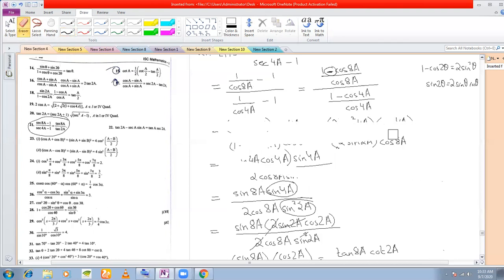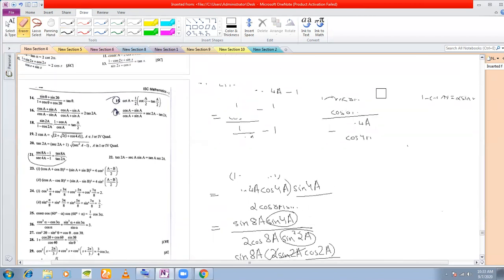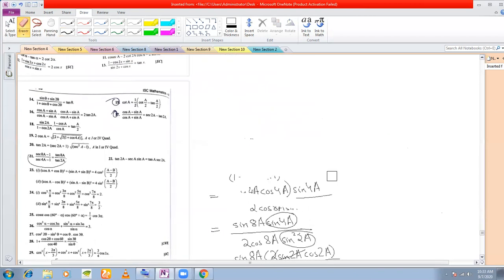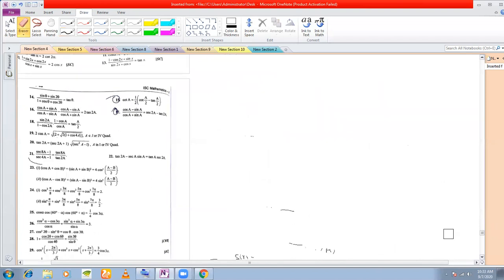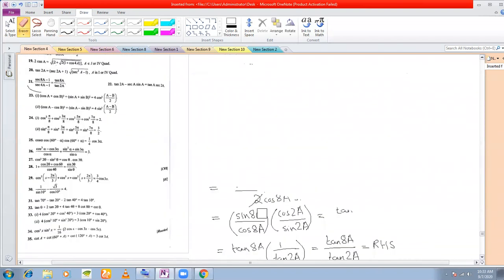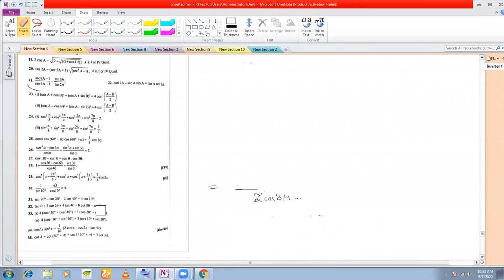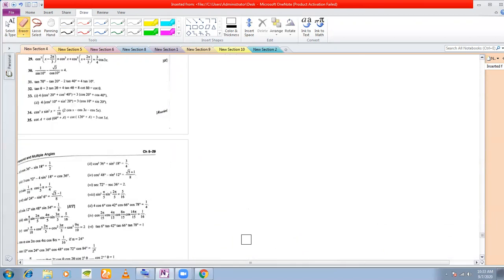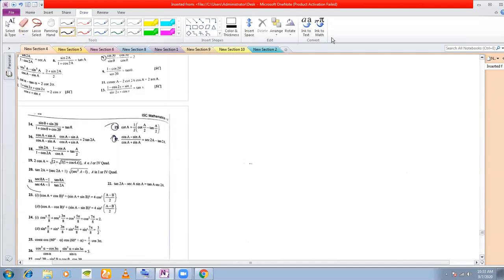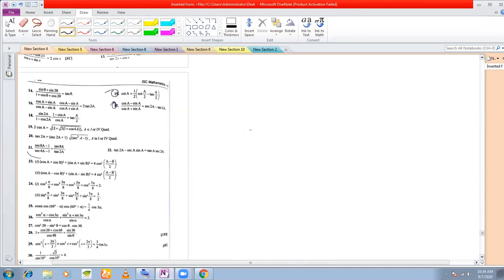Let's do 22. Prove that tan 2a minus sec a sin a is equal to tan a sec 2a.